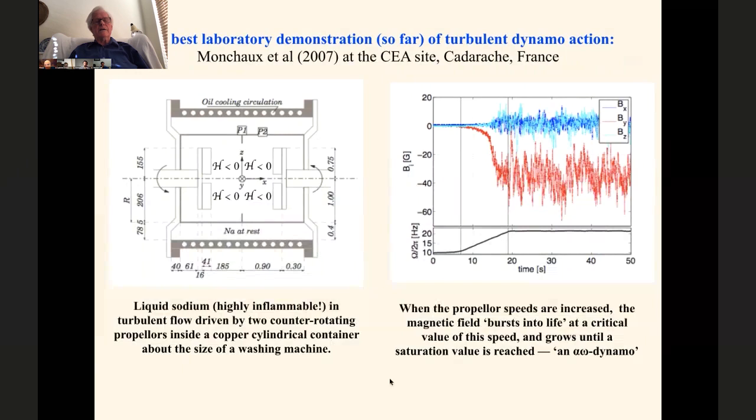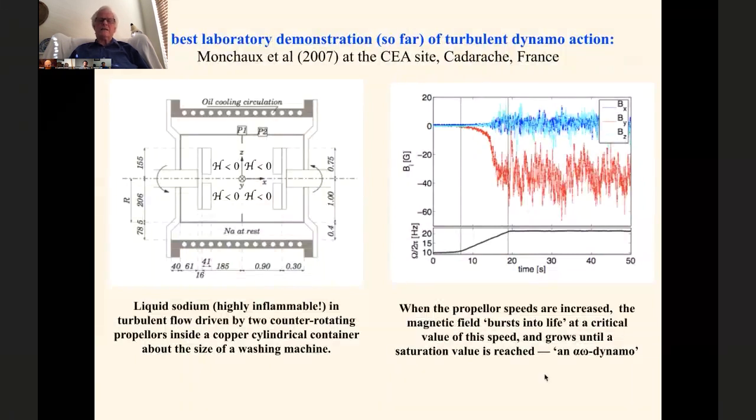So it's a massive experiment in turbulent flow, a copper cylindrical container about the size of a washing machine. As the speed of the propellers is gradually ramped up as here, then at a critical value, a magnetic field is observed in probes that are located at the boundary of this container.